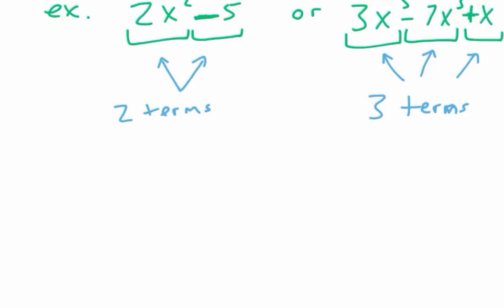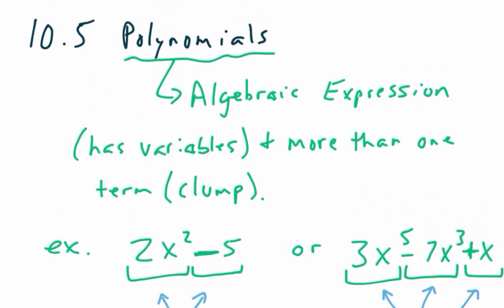Does anybody know the prefix for one? Mono. Nice. Mono is like one, like mono y mono. So the first one is going to be a monomial. Poly up here at the very top means many, nomials, whatever a nomial is.